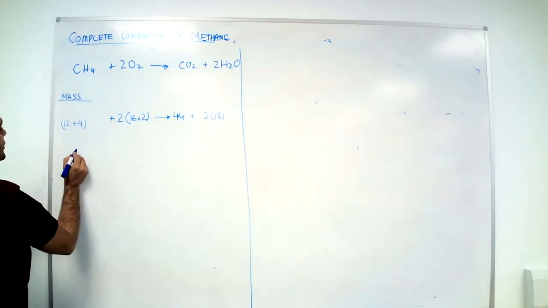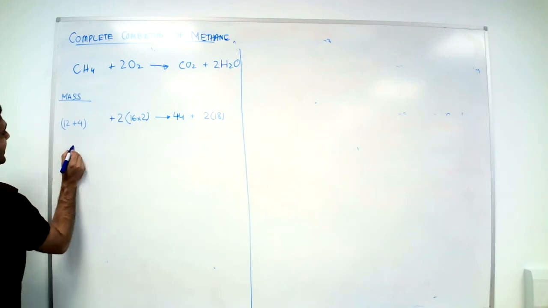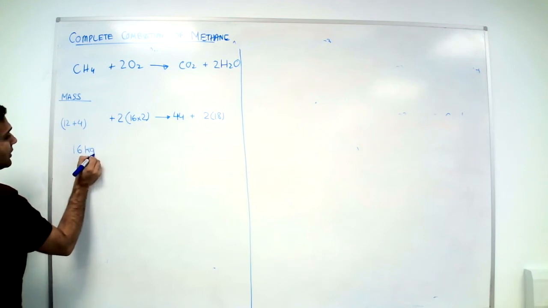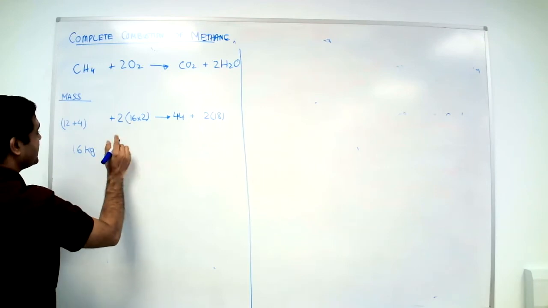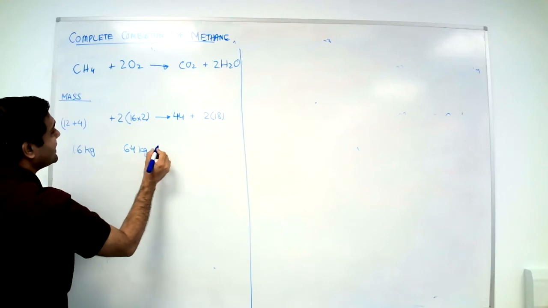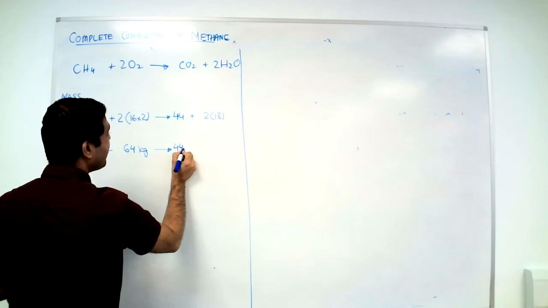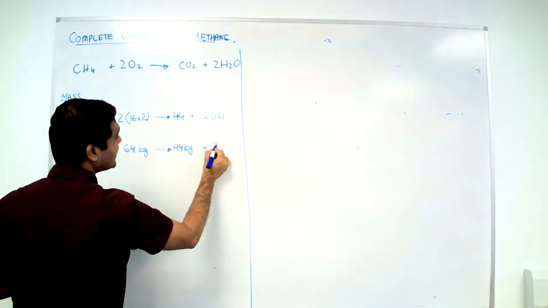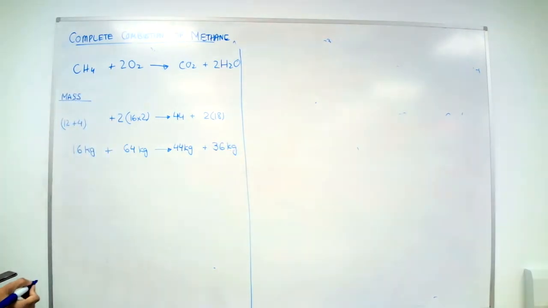So if I'm doing analysis by mass, I have 16 kilograms of methane, which requires 64 kilograms of oxygen, and it will produce 44 kilograms of carbon dioxide and 36 kilograms of water.